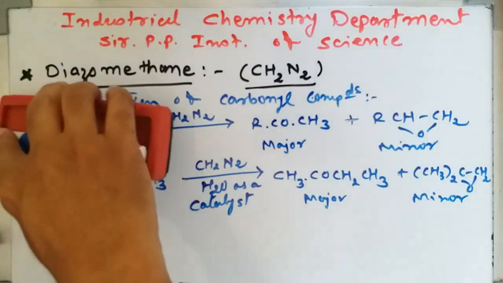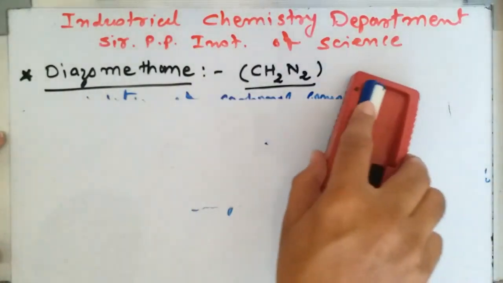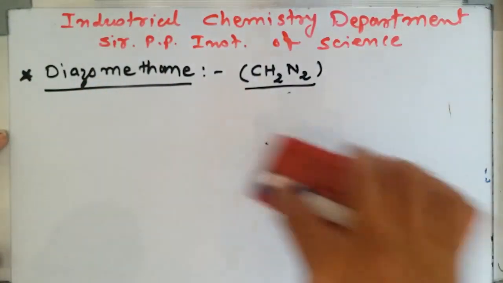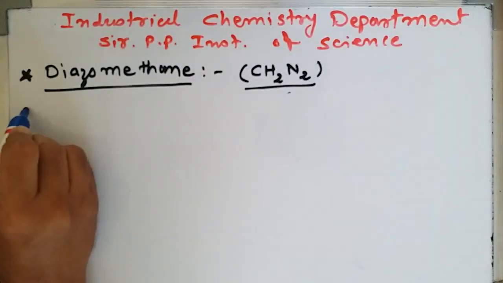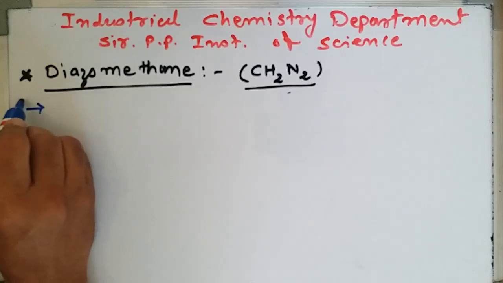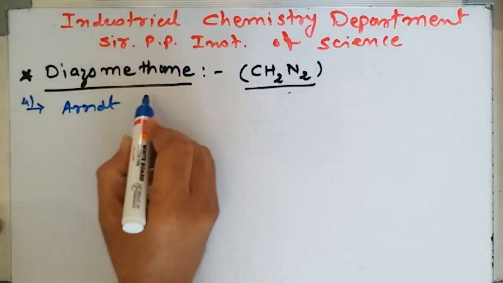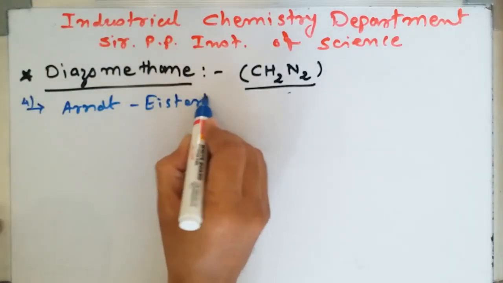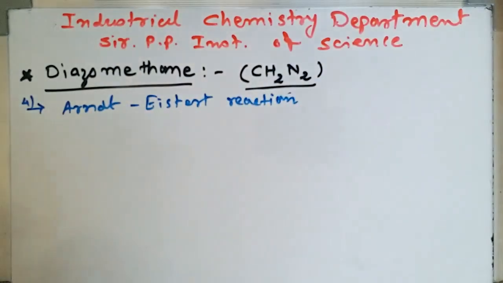Next application we see for diazomethane, number 4, is the Arndt-Eistert reaction.